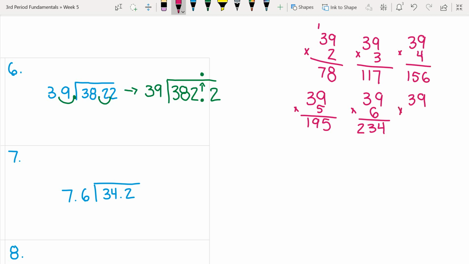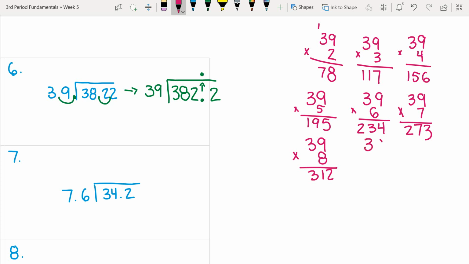Now I have 39 times 7. Man, I don't want to keep doing this, but I gotta. That gives me 273. Hey, now keep going because I'm trying to get real close to 382 and I'm still kind of far away. So I'm going to do 39 times 8. Let's see, what is that? Oh, it's 312. Oh, at least I'm in the 300s now.